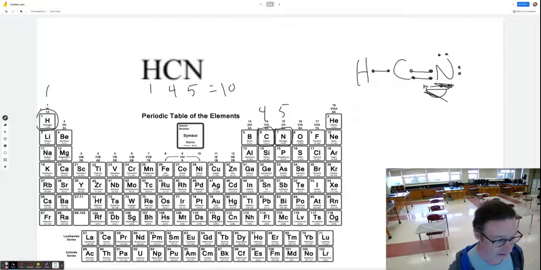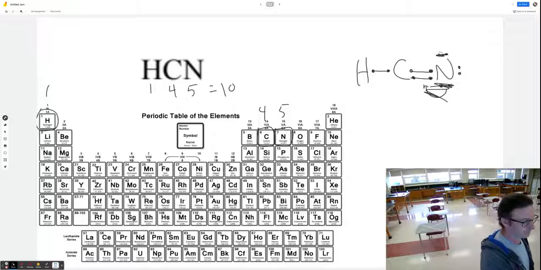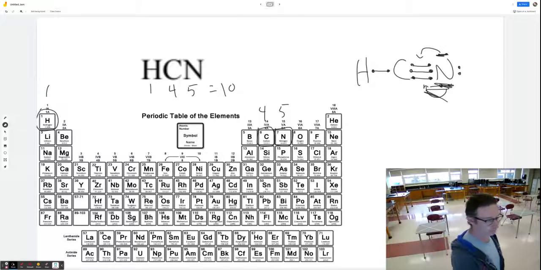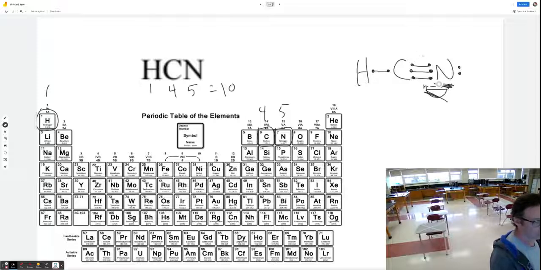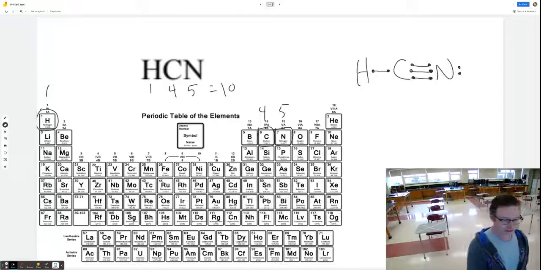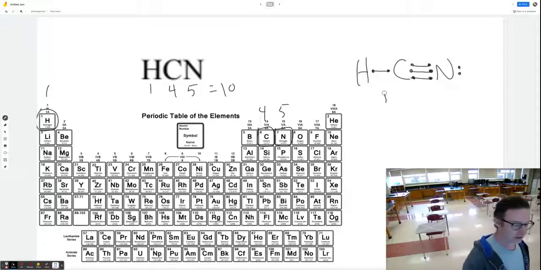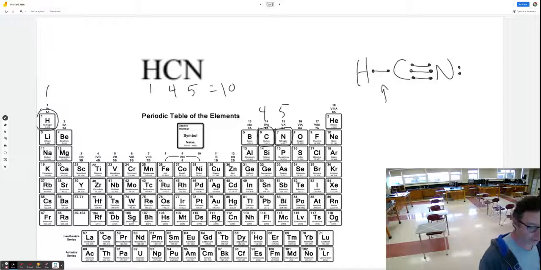Okay, so I get rid of them. Well, now carbon has 6. So if I move these, I actually create a triple bond. Now, to clean this up a little bit, hydrogen has 2 with the bond here. Right, that bond is 2 electrons. Carbon has those 2 plus 3 bonds on this side.